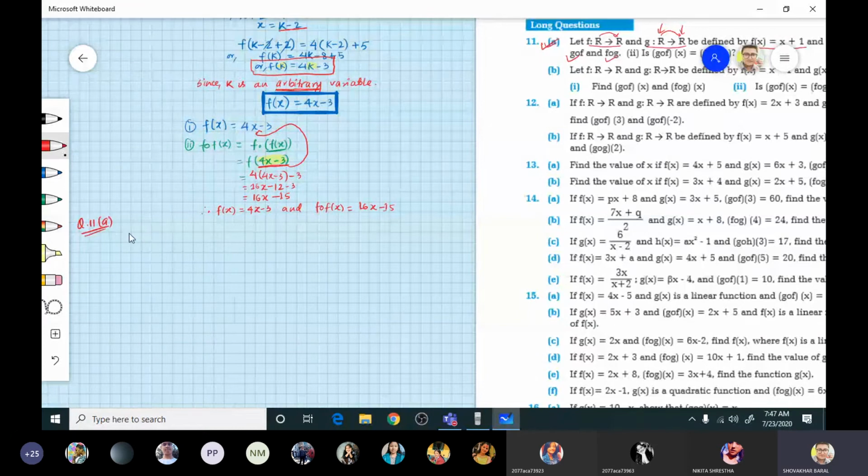If you have the book, then you can refer to it. Given f of x, the question is, g composite f is equal to what?